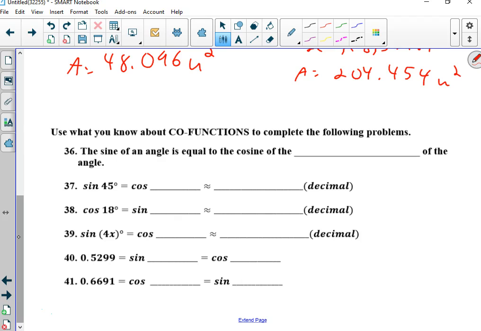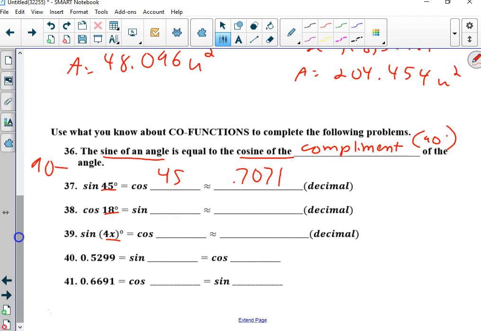Okay, cofunctions. The sine of an angle is equal to the cosine of the complement. Remember, that means it adds up to 90 degrees, which is key here because all we're going to do for these is take 90 minus 45, 18, 4x. All right? So 90 minus 45 is 45. If you type sine 45 in the calculator, you'll get 0.7071.